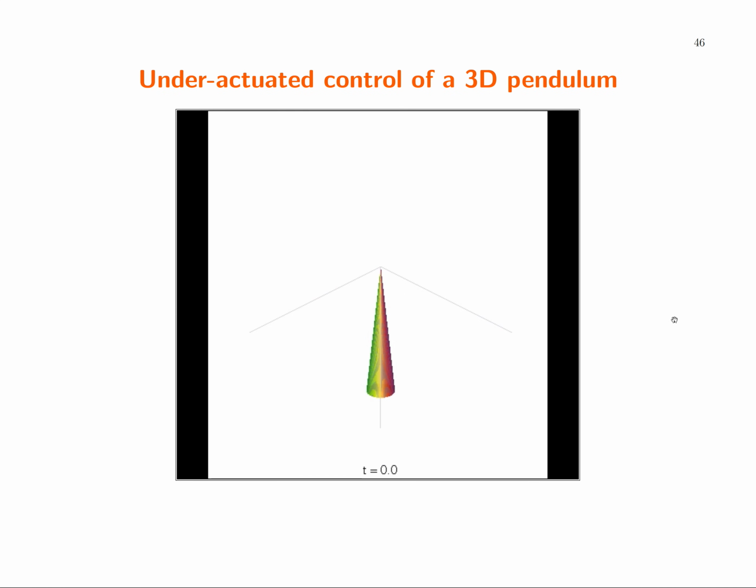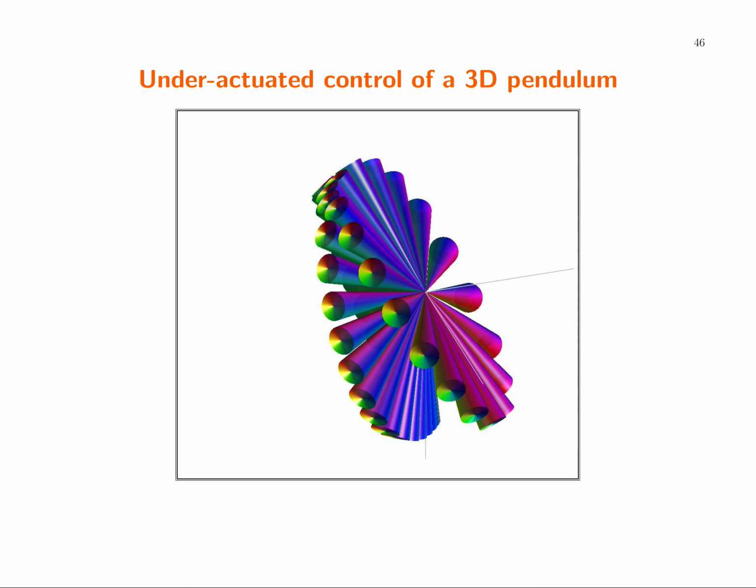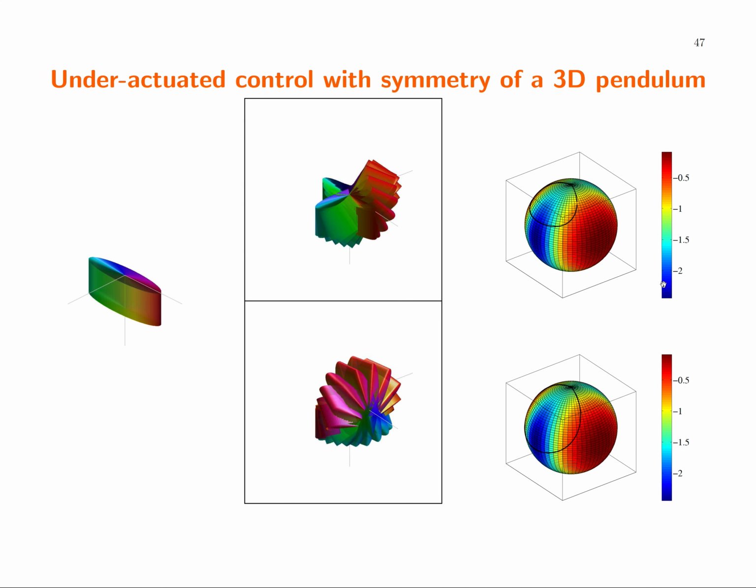So that's an interesting exercise in what is called geometric control theory. And this simulation shows an example of how you can use just the control of the center of mass together with this kind of geometric nonlinear coupling to actuate control about this sort of directly uncontrollable direction.